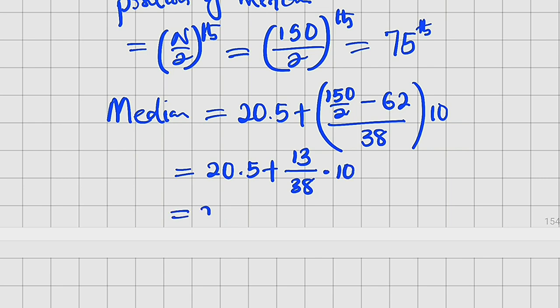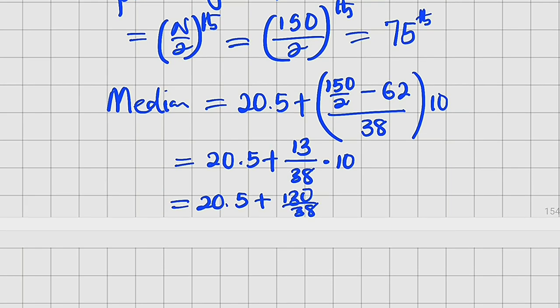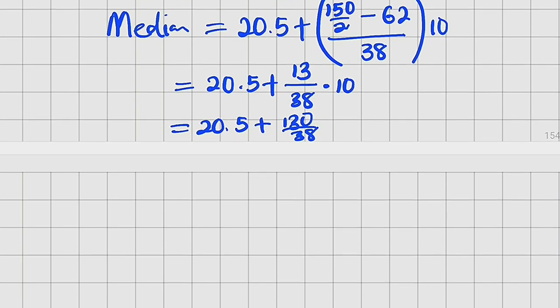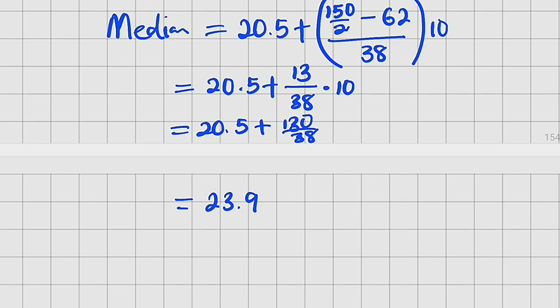So this is equal to 20.5 plus 130 divided by 38. So 130 divided by 38 plus 20.5, that will give us 23.92, but 1 decimal place is 23.9. So this is the median. That is the median score.